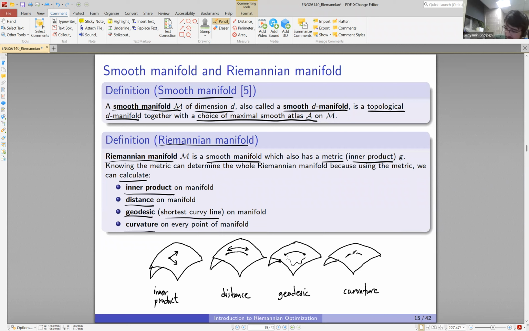Curvature. You can calculate the curvature at every point on the manifold. Assume, for example, consider a one-dimensional manifold like this. Let me have another figure. This point has a positive curvature. This point has a positive curvature.